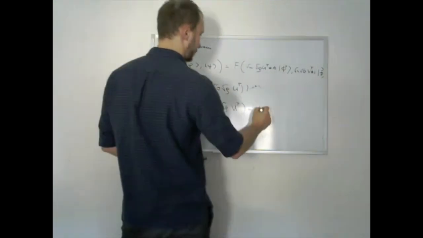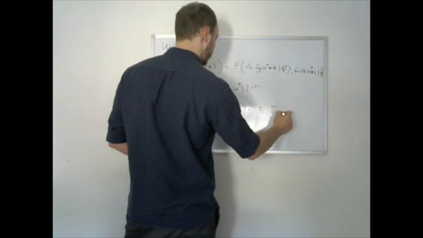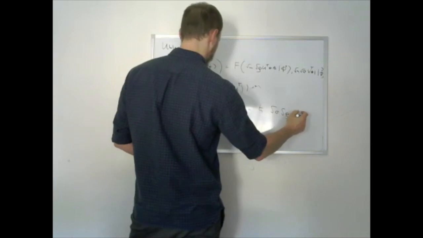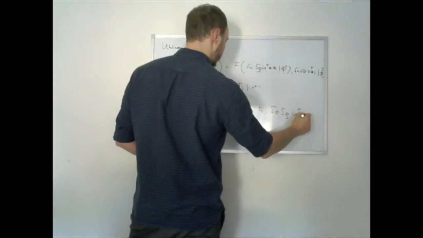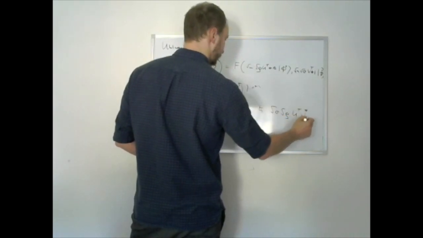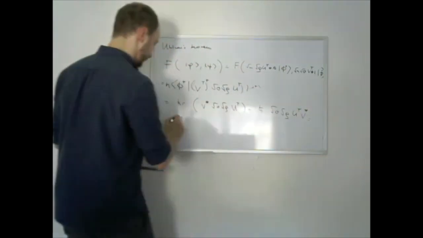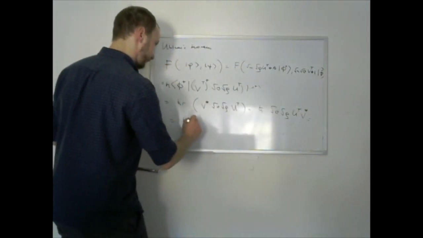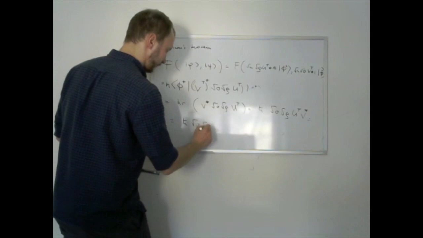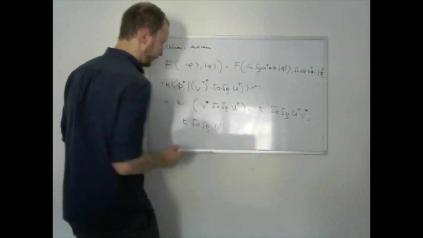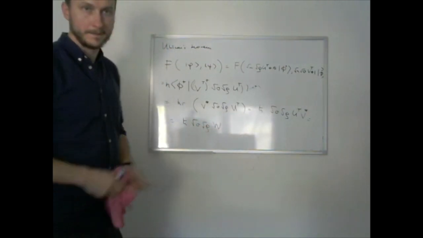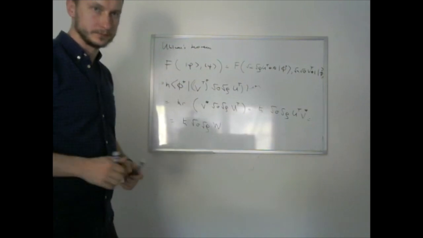Which is equal to the trace of square root of sigma, square root of rho, and here we get something which is U transpose V conjugate, which we'll just call some unitary W. Alright?